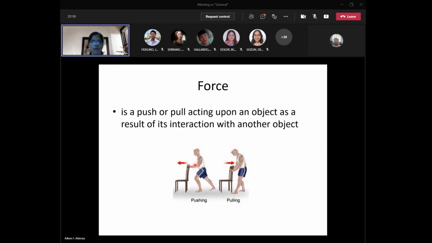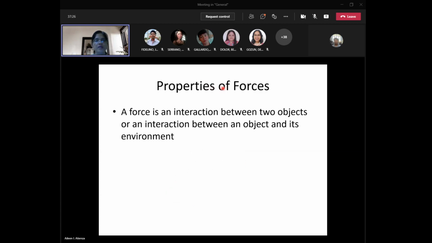Okay, for us to say that we have an applied force. And then we have the different properties of forces. The first one, a force is an interaction between two objects or an interaction between an object and its environment. So as mentioned a while ago, there should be two bodies to be able to push or to pull objects. Okay.